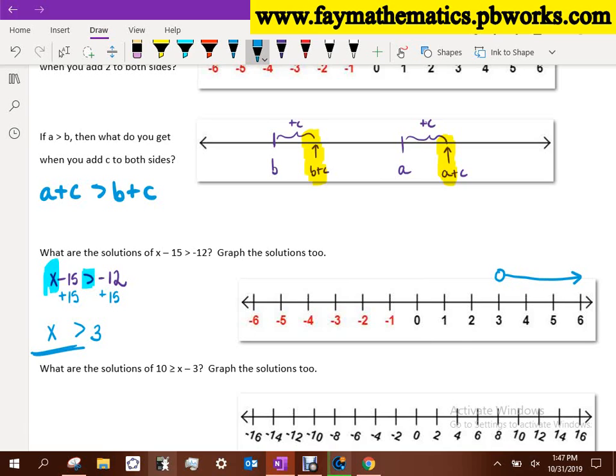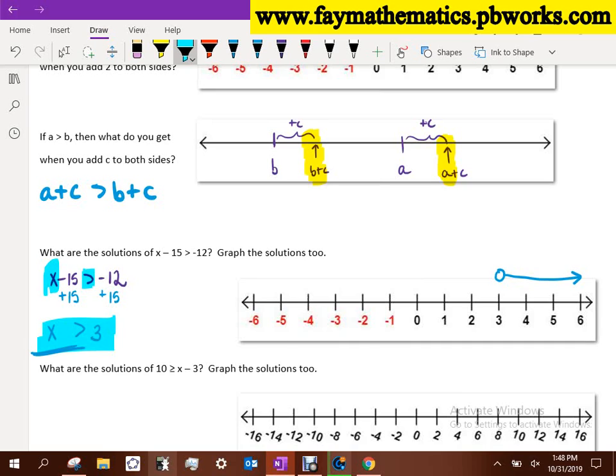I don't know if I said this to you guys or we realized this yesterday or not. When you write your variable first in your inequality, x is greater than 3, I've been using kind of the analogy that the inequality symbol points like an arrow to a smaller number, right? If you write your variable first, that symbol also points to the direction that you need to draw your arrow in your graph.